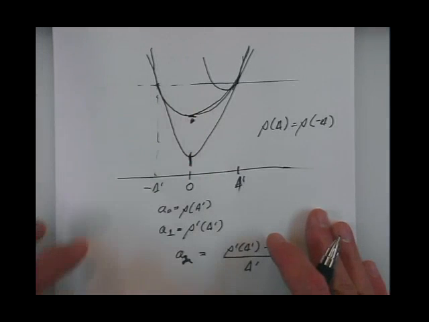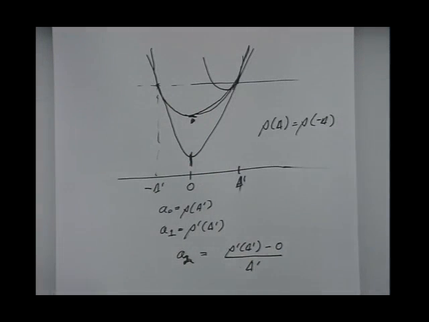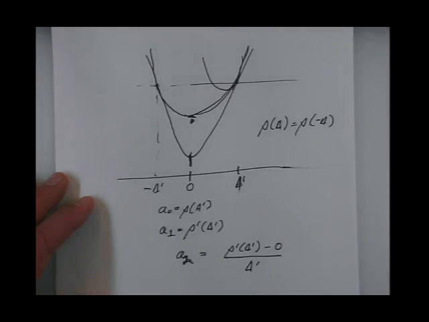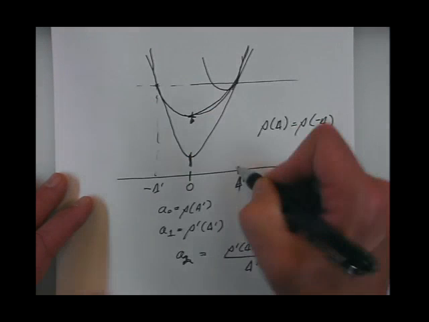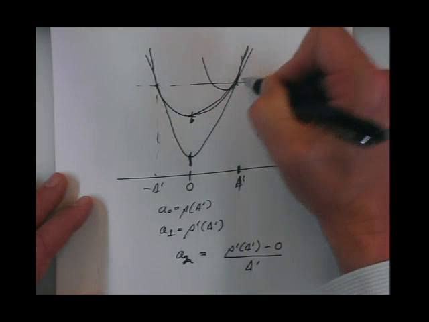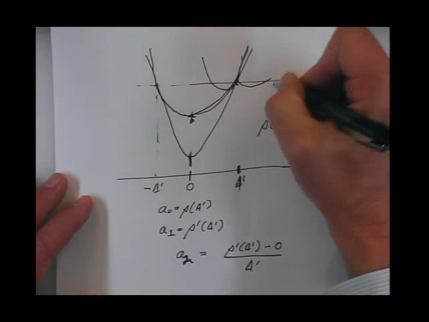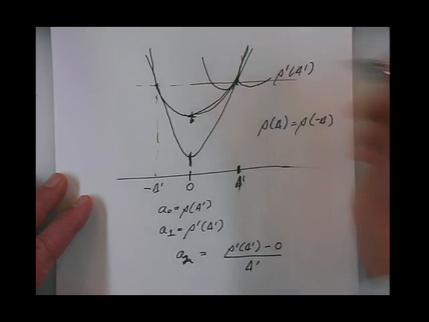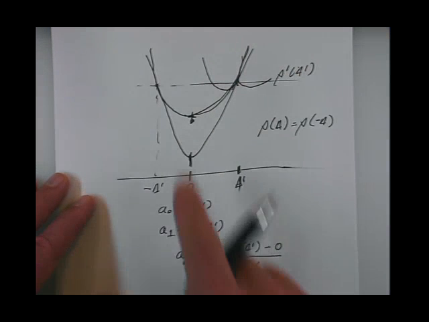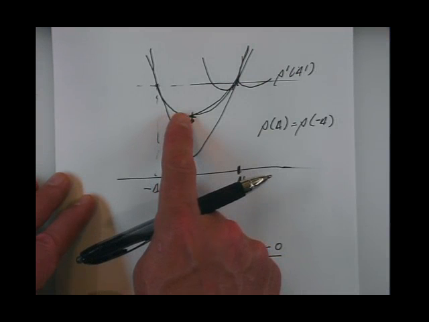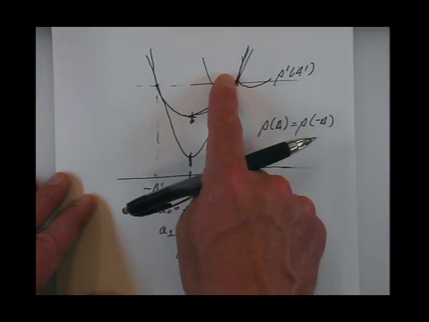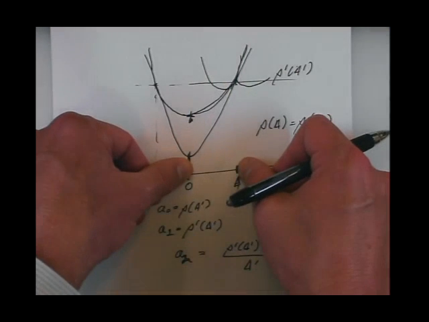Okay, I did that kind of quick, so let's do that again, okay? At this point, the derivative of the substitute function is 0. At that point, the derivative is rho prime of delta prime, right? So the first derivative went from 0 to rho prime of delta prime over a distance of delta prime.